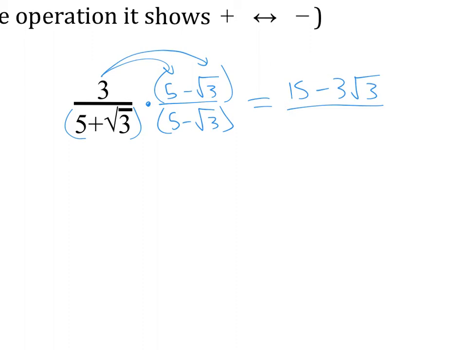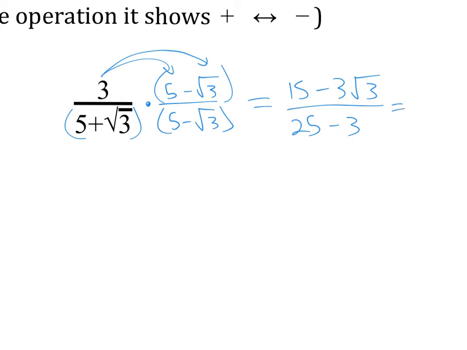On the bottom, remember, we're just going to multiply our first and last terms. So with our conjugates on the bottom, we're just multiplying our first and last terms. Multiplying our first terms together, 5 times 5 is going to give us 25. Multiplying our last terms together, the second terms, square root of 3 times negative square root of 3 is just going to end up equaling negative 3.